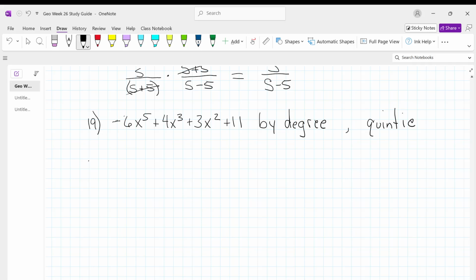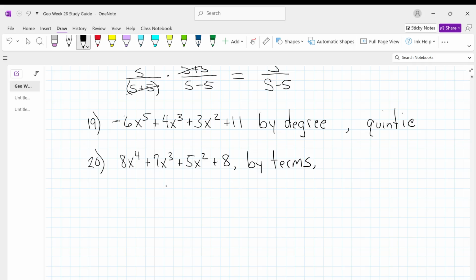And in problem number 20, you've got 8x to the fourth plus 7x to the third plus 5x squared plus 8. And this is by terms.